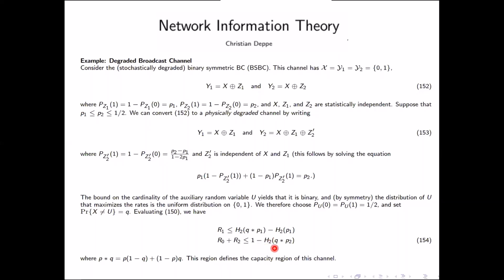And this really defines the capacity region of this channel, because it's known that this is also best possible.